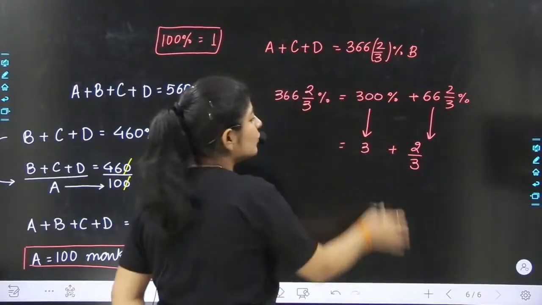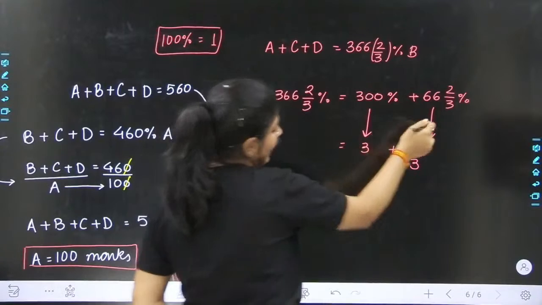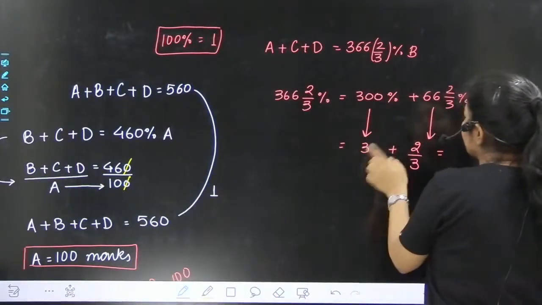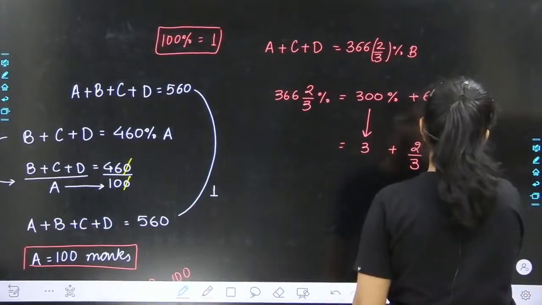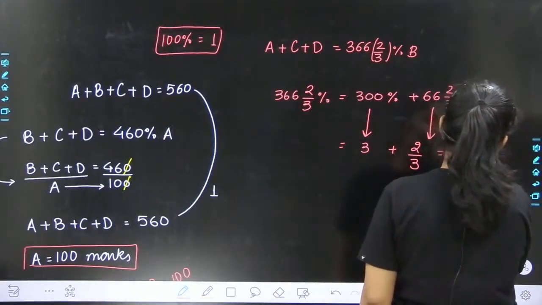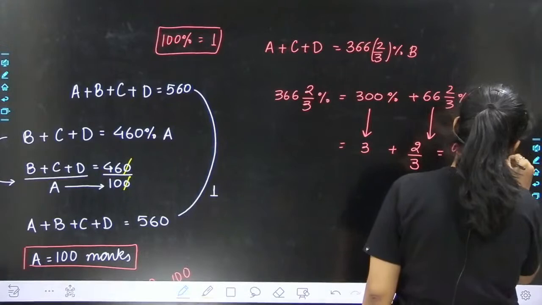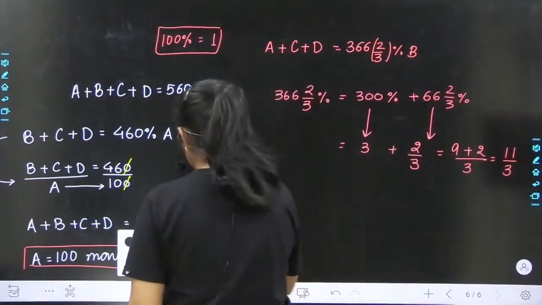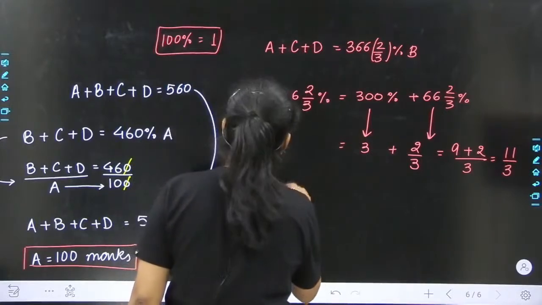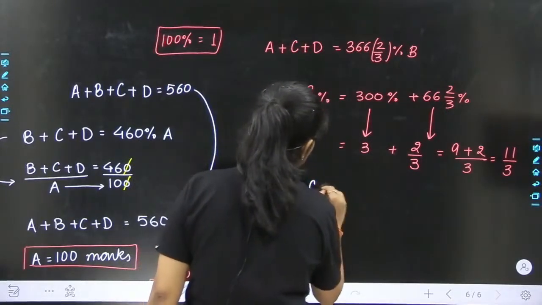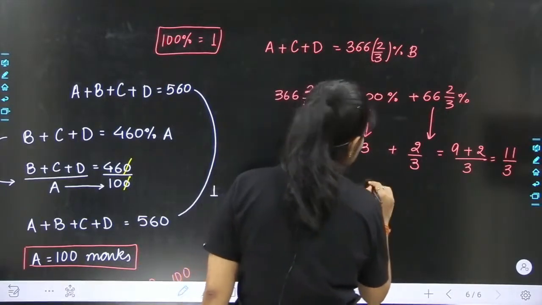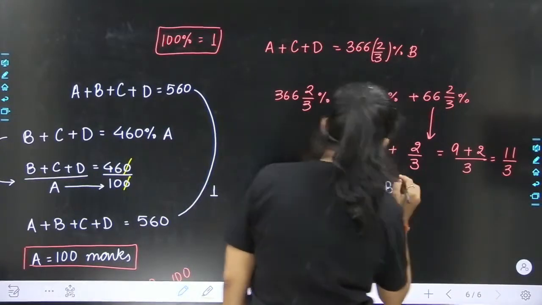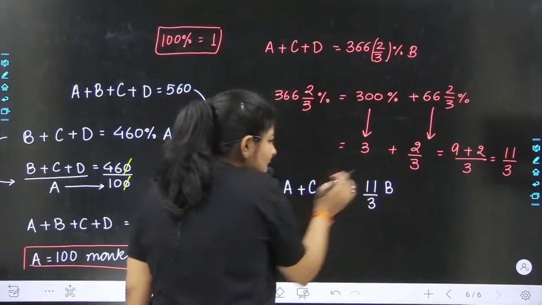Now we have to simply take the LCM and calculate the sum of 3 plus 2 by 3, that is equal to 9 plus 2 by 3, that is 11 by 3. So I can write it like the marks scored by A plus C plus D is 11 by 3 part of B. So I can simply shift this B over here.